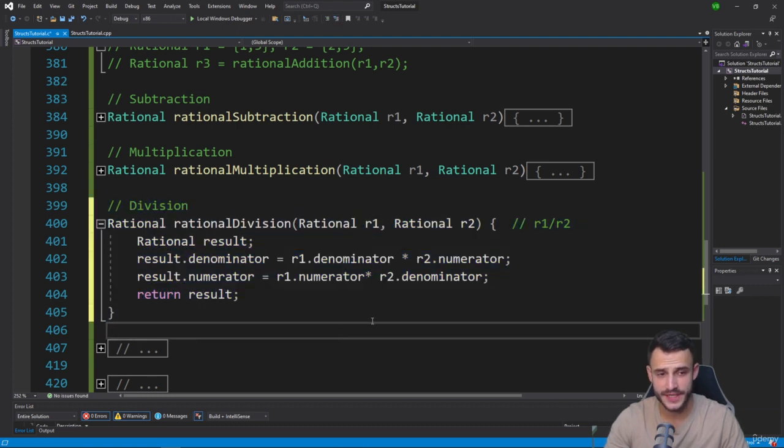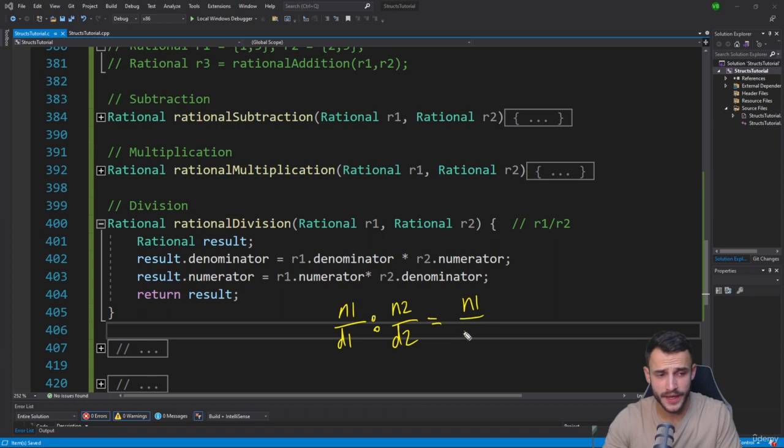Division operations. Very, very similar to multiplication, just that it works a little bit differently. So we have n1 divided by d1, and we try to divide it by n2 divided by d2. So the result of this is basically n1 divided by d1 multiplied by what?